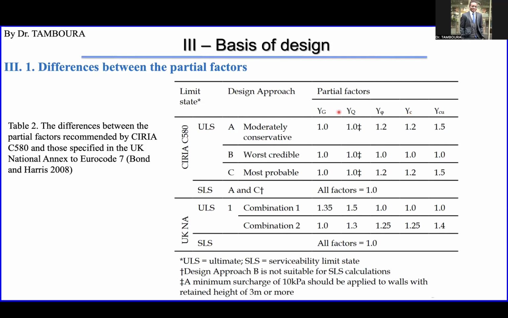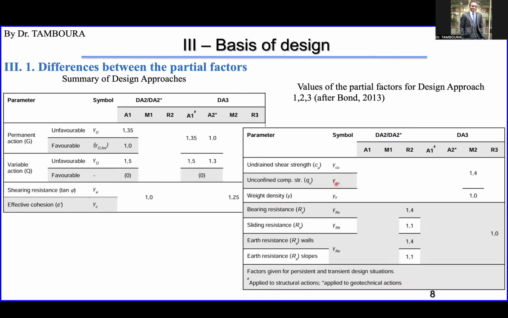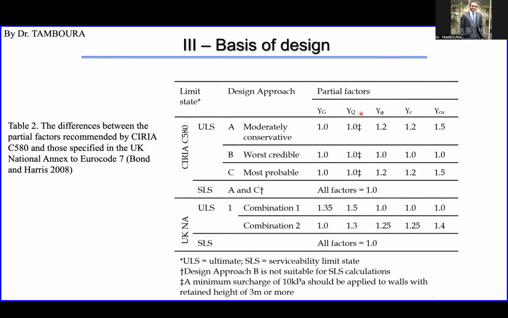These are similar as you can see in the previous slide. I will go back to show you these values, these factors, for gamma phi, gamma c. It is here, okay? So this is what we have. This one is for the undrained shear strength.